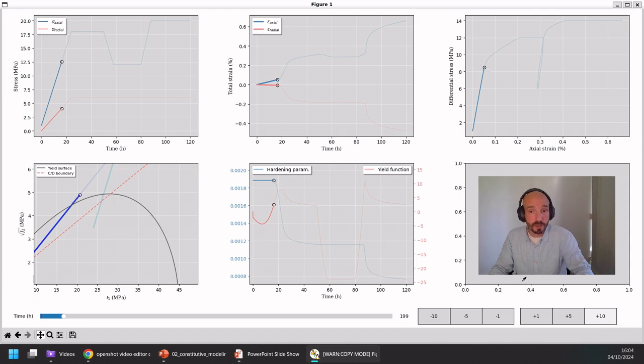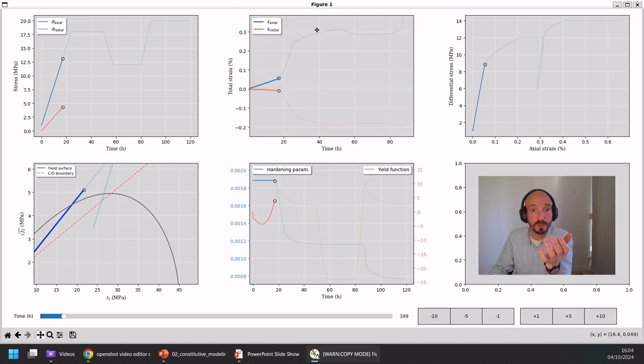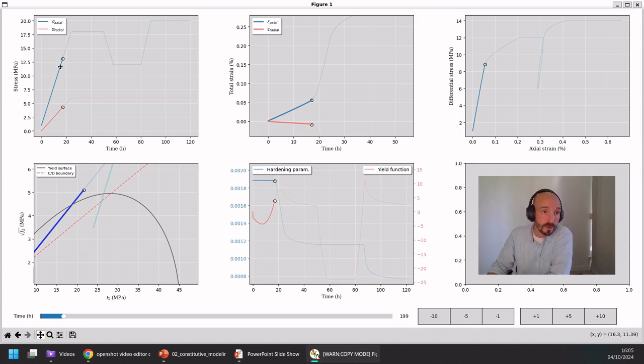When the yield function is positive, we start to have viscoplastic deformation, and we can see the response to the material deformation here. So if we look, for example, at the total strain, the axial total strain, we can see that when the stress increases, the material behaves like this, but at a certain point, it sort of jumps.